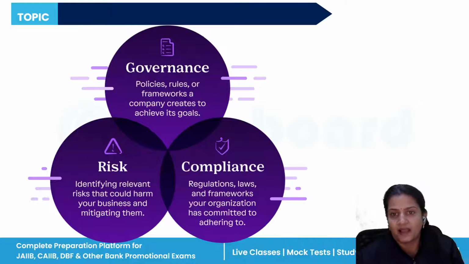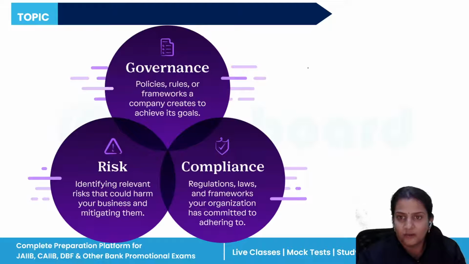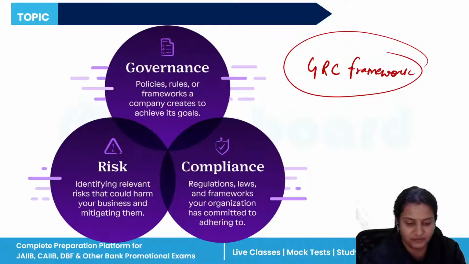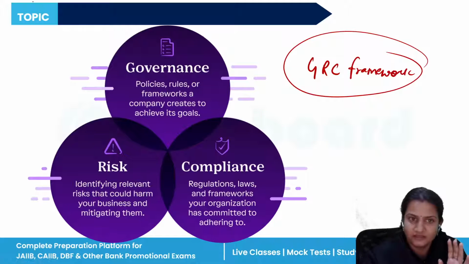Now, again, a very important topic, that is the GRC framework. What is the GRC framework? Before having GRC, G stands for governance, R stands for risk, and C stands for compliance.